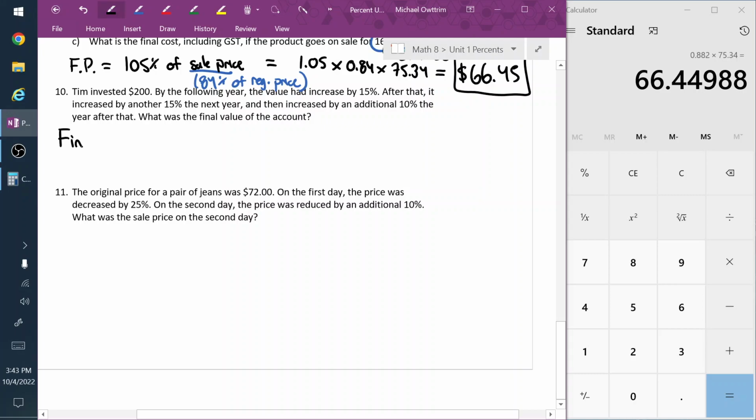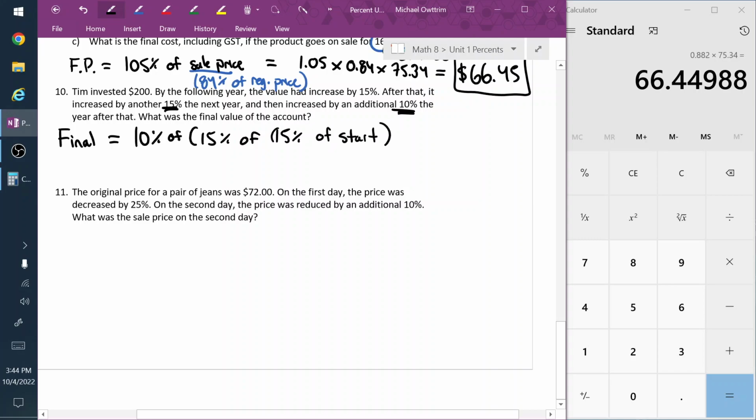So our final value is going to be equal to our 10% of the second year. That's this part here, which itself was 15% of the end of the first year, which is this part here, and then our another 15% of the start.